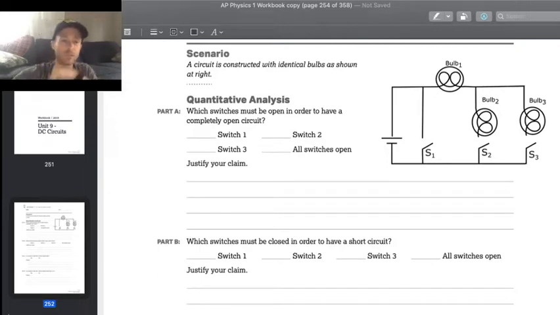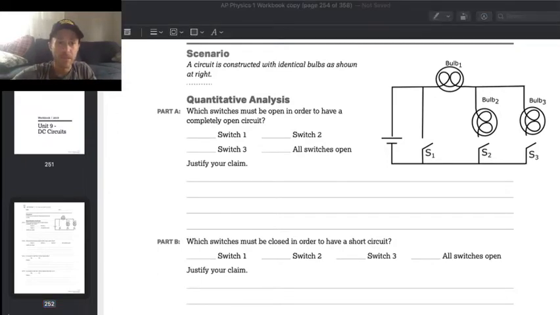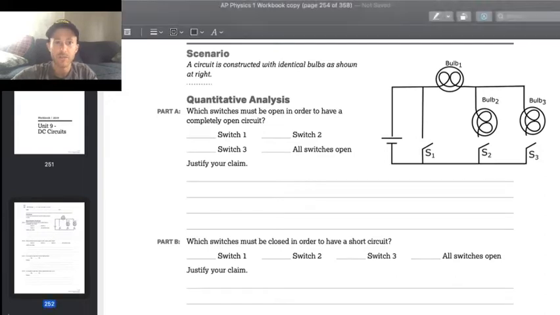An open circuit means that no current is flowing out of the battery. If any of the switches, 1, 2, or 3, is closed, then there's a path for current to go out of the battery and come back. So the answer to that first part is that we have to have all the switches open.